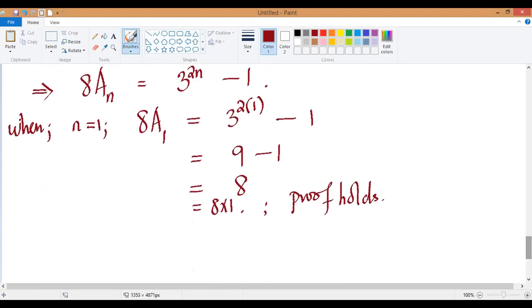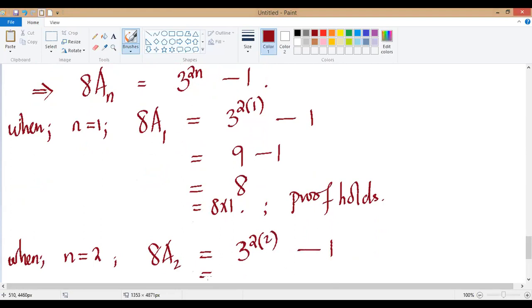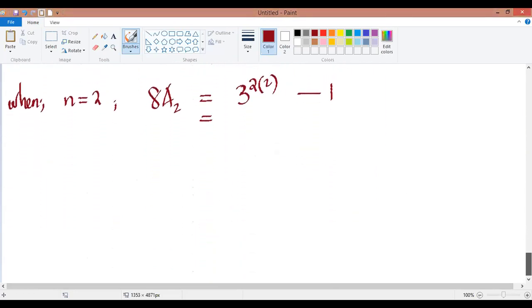What about at n equal to 2? Let's check it again. When n is equal to 2, you will have 8a subscript 2 giving us 3 to power 2 into 2 minus 1, which is 3 to power 4 minus 1. What's 3 to power 4, class? 80.